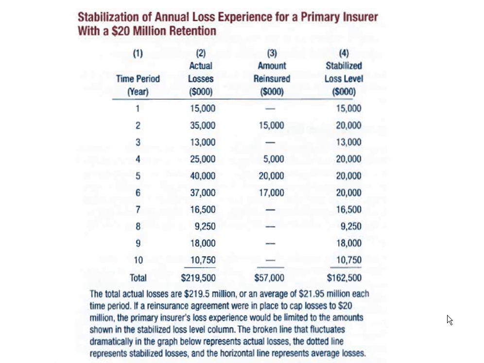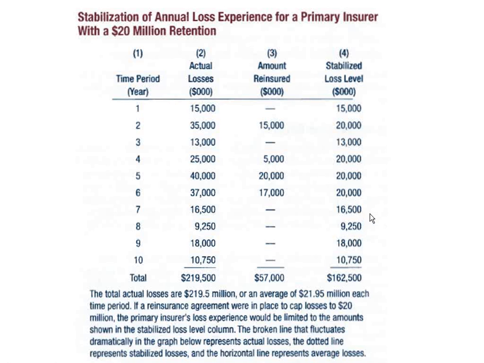So if a reinsurance agreement were in place to cap losses to 20 million, the primary insurer's loss experience would be limited to the amount shown in the stabilized loss level column. So the idea is in year one we had 15 million, in year two we had 35 million, but the reinsurance picked up the 15, so we cap at 20. So basically the idea is instead of paying that $219 million, we only paid the $162 million in this case. And then the reinsurer picked up those bad years in which we had a catastrophic loss.